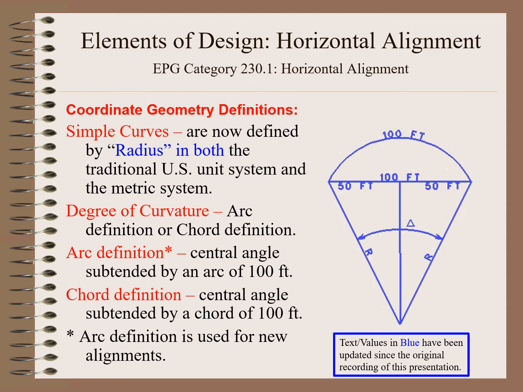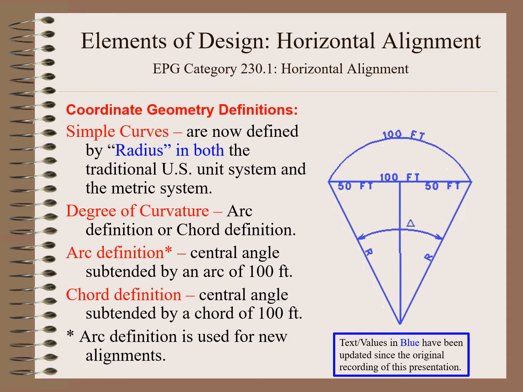Coordinate geometry definitions. Simple curves are defined by degree of curvature in the traditional U.S. unit system and by radius in the metric system. The degree of curvature is an arc definition or chord definition.